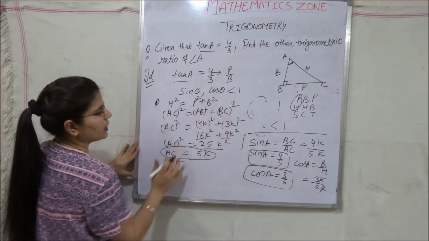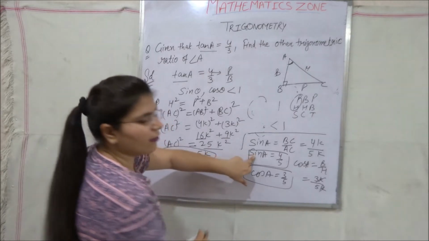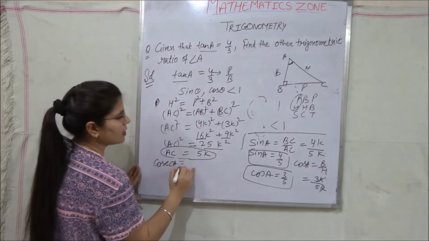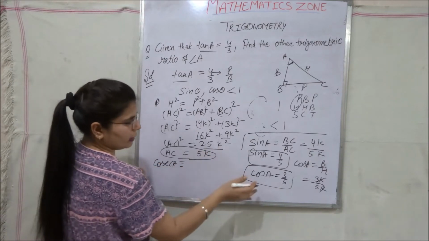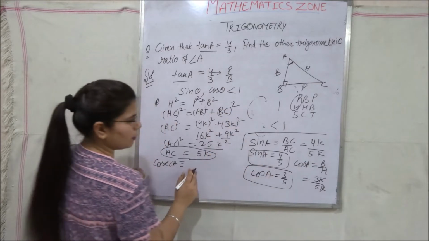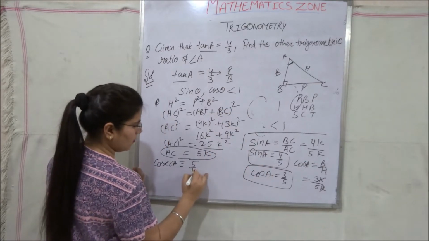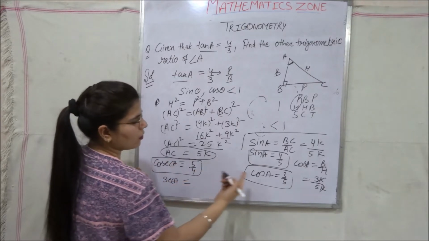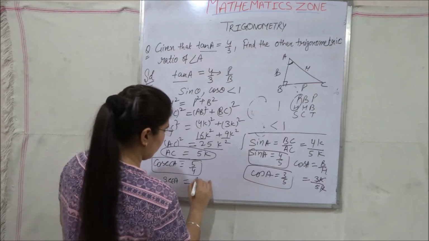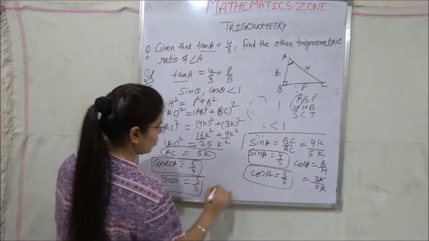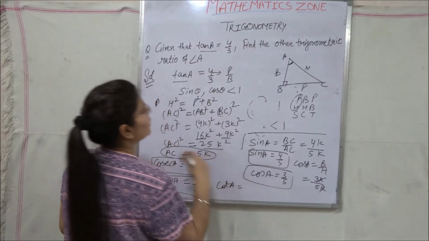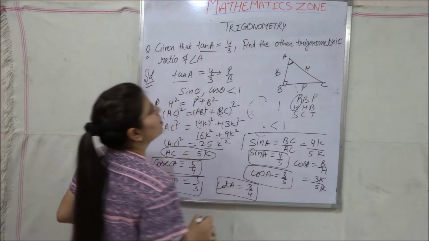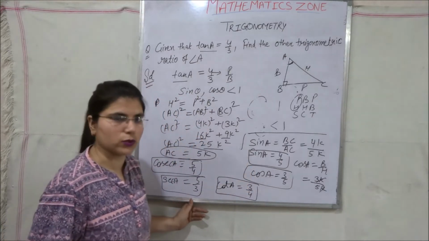In a similar way we can find the rest three. We have a formula that cosecant A is the reciprocal of sin A. So no need to solve it. Just take the reciprocal of sin A, that is 5/4. Secant A is the reciprocal of cos A, that will be 5/3. And cot A will be the reciprocal of tan A, that will be 3/4. So in this way we have solved the 6 trigonometric ratios.